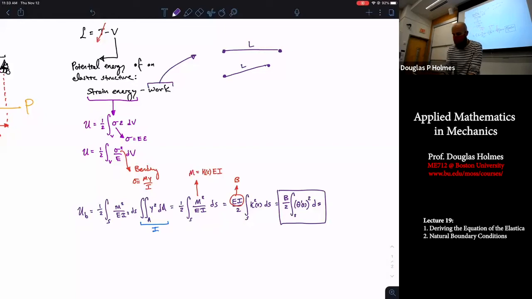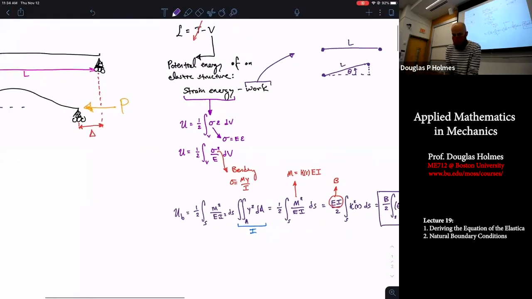I've simplified it here and I'm drawing it as a straight line, but it's clearly not a straight line. It doesn't matter because we're just doing this for geometric reasons. I'm interested in what delta is. My work is going to be P times delta, but I don't know what delta is, so I need an expression for delta.